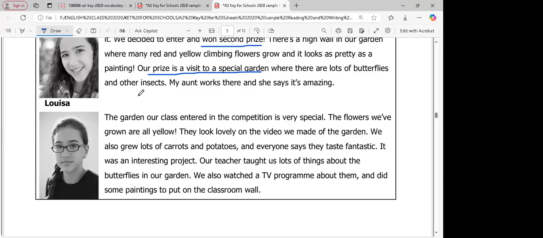Okay, now the first line here. The garden our class entered in the competition is very special. Okay, the flowers we have grown are yellow. This line makes sense, right? Inaya, can you tell me which question will give this line as the clue answer? The flowers we have grown are all yellow.